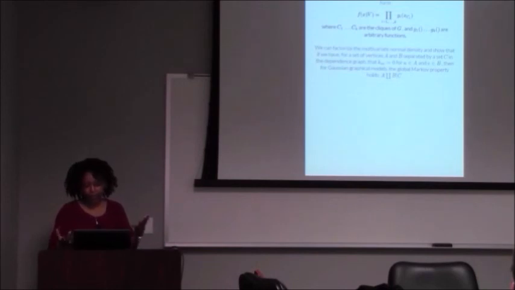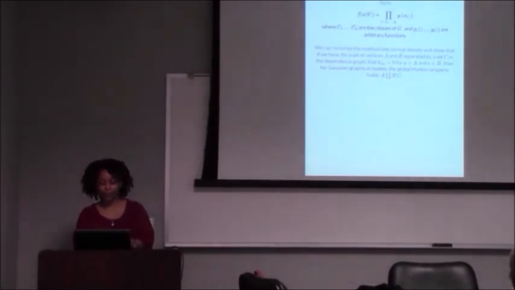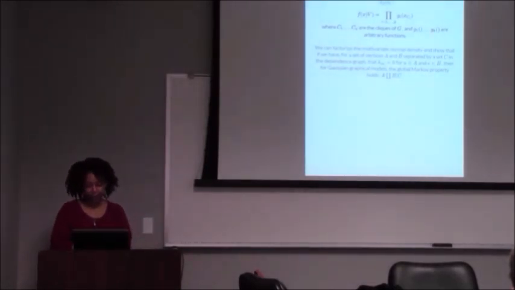And so again, we can factorize our undirected graph according to cliques. The global Markov property holds, which is one of those tenets that's really important for us because it sets the foundation for all of the analyses that we use.